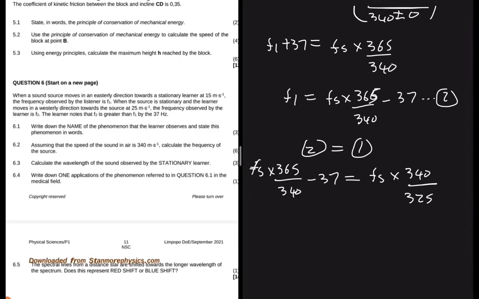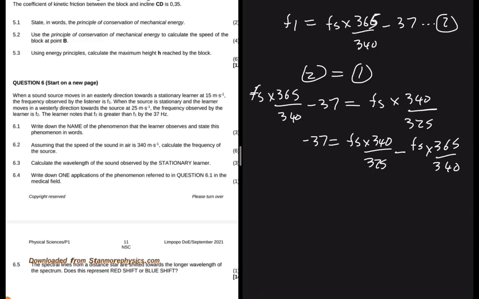So we're gonna have minus 37 equals Fs multiplied by 340 divided by 325 minus Fs multiplied by 365 divided by 340. So if we take Fs as the common factor on the right hand side, we're gonna get minus 37 equals Fs multiplied by 340 divided by 325 minus 365 divided by 340.